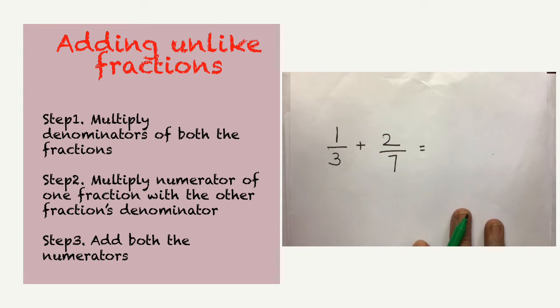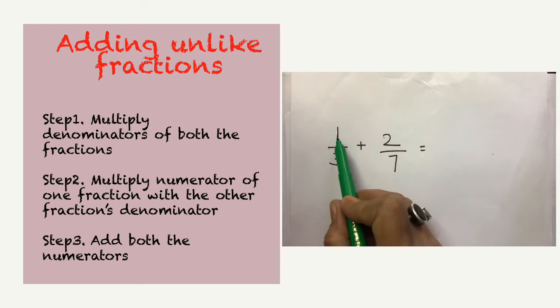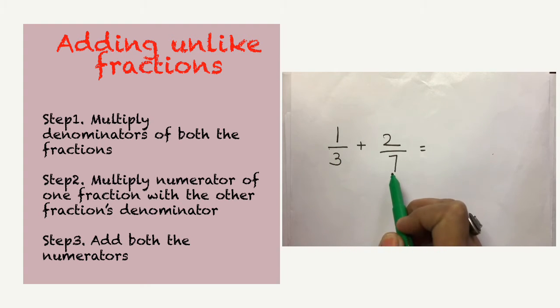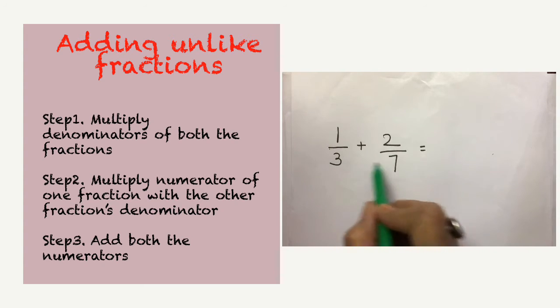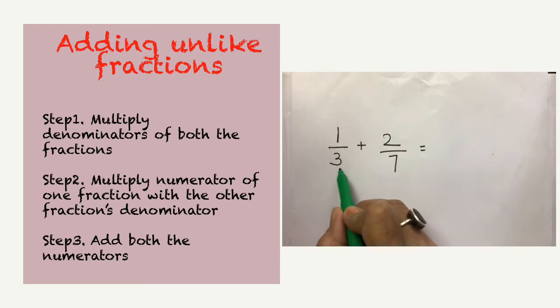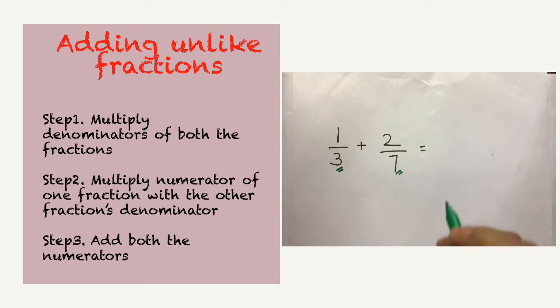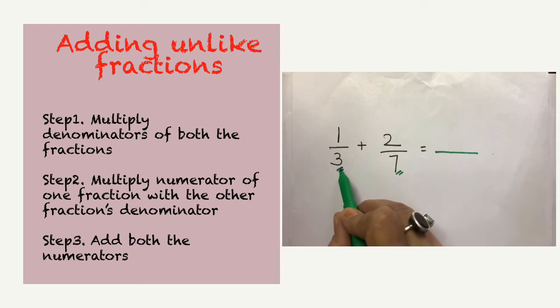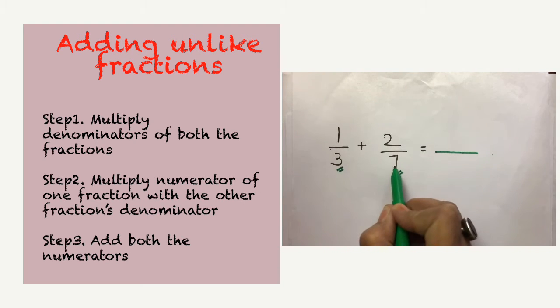Here I have a fraction 1/3 plus 2/7. So it could be done in different ways. First I will tell you this: if you see the denominators are different, what I do is simply multiply these two.